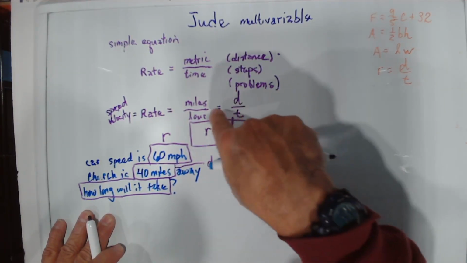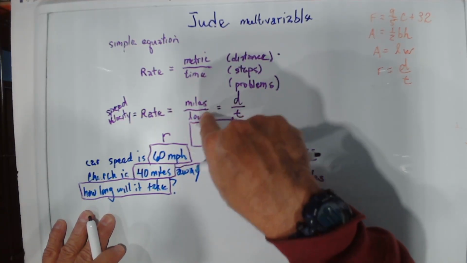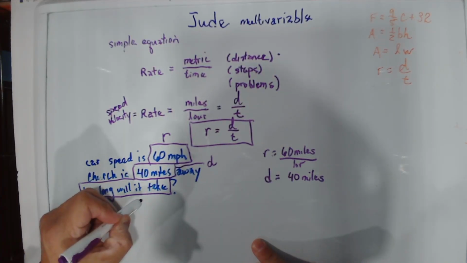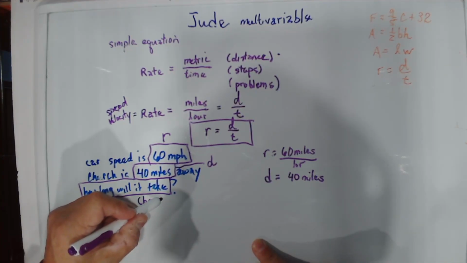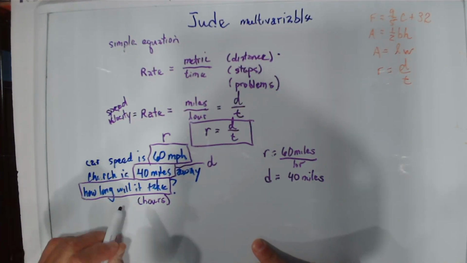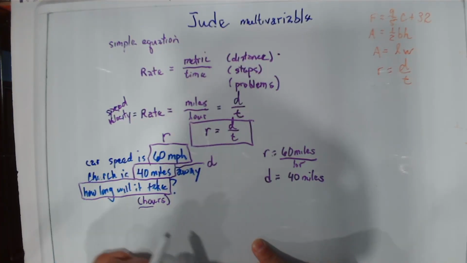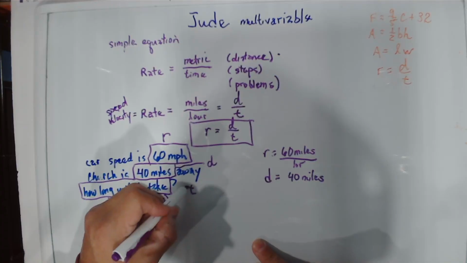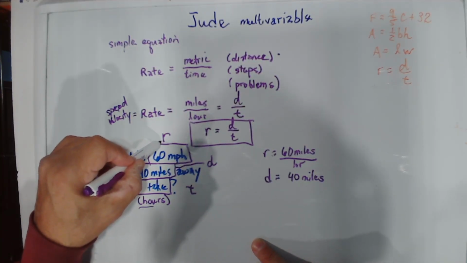Or do you think it will be hours? They'll tell you how long it will take. That's right, it would be the hours. They don't tell us what units they want, but let's give it to them in hours because they didn't specify. And this is our T.